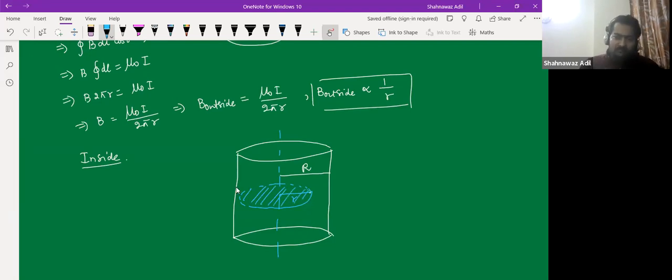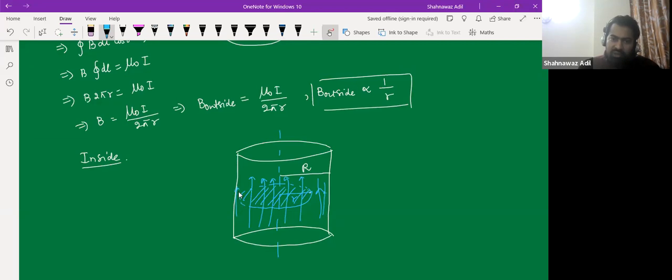So from this one, how much current would be passing? Will it be the same as the previous one? Yes, sir, it will be the same. So there are these portions which are left.